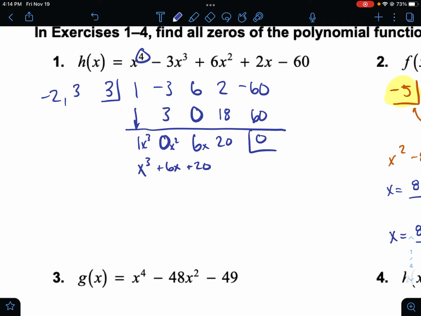So here's where our problem is. We used a solution and ran it through synthetic division, and we ended up with a cubic. And again, there's not really any way to solve a cubic that's not factorable. So you might be able to guess what needs to happen next.